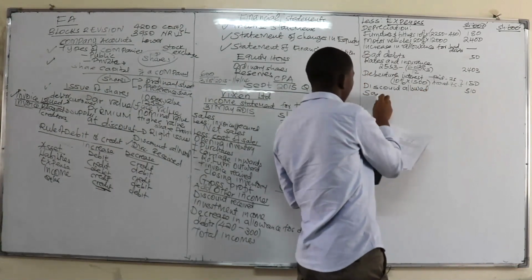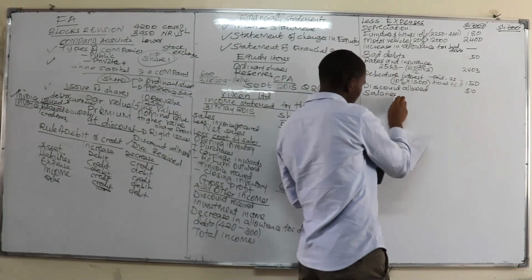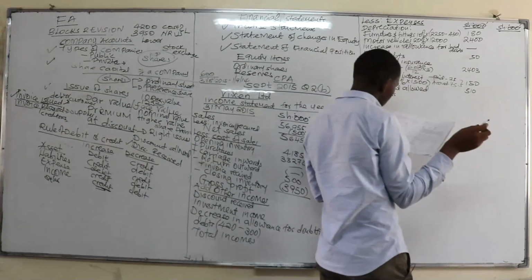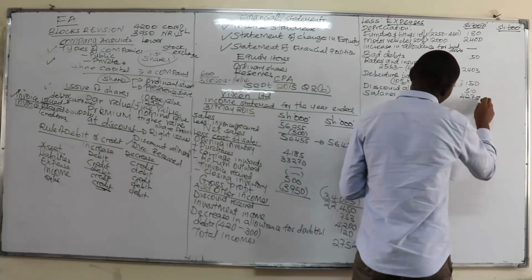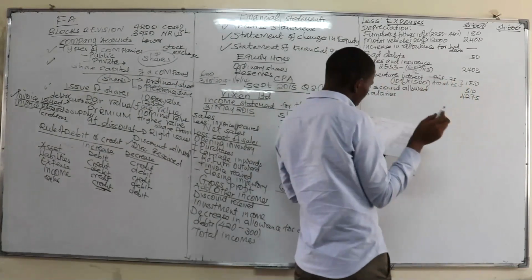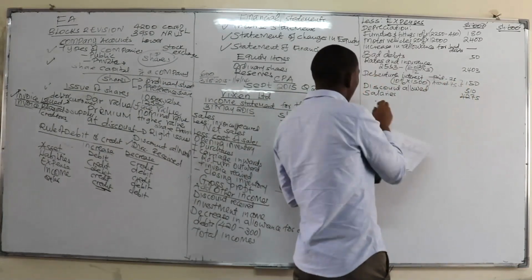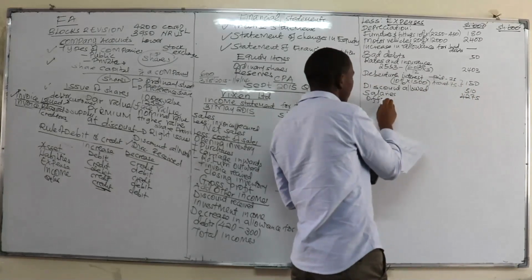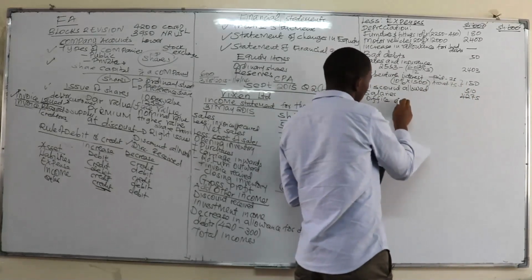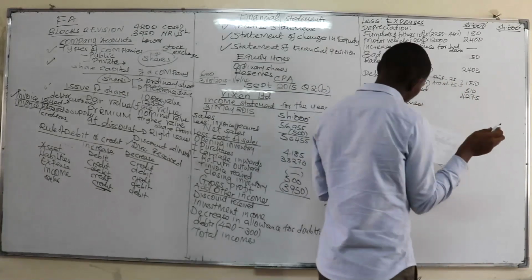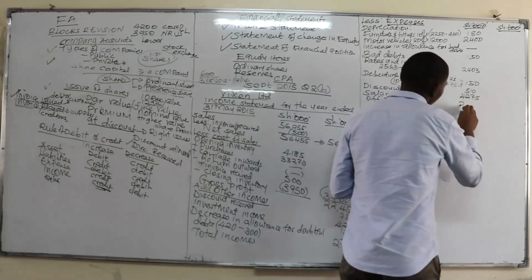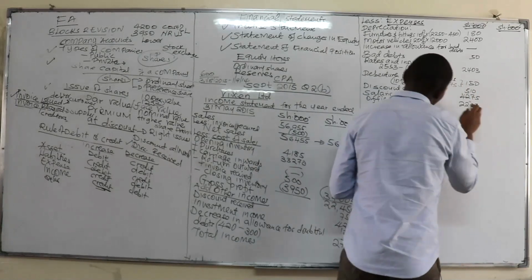We also have the salaries, which in this case are 42.75. We also have the office expenses, rates and insurance. We've talked about that, so we'll not repeat it. Office expenses are 22.08.